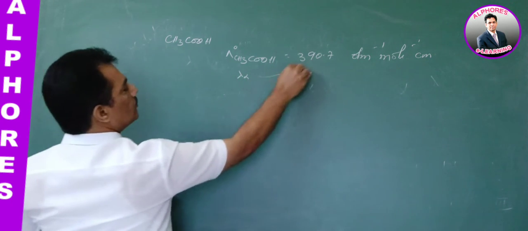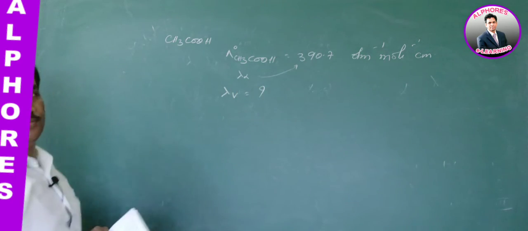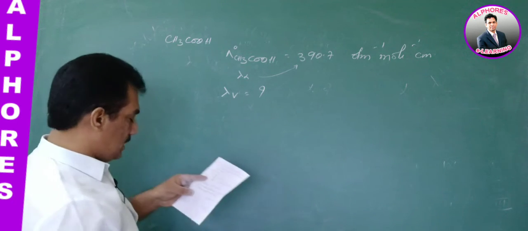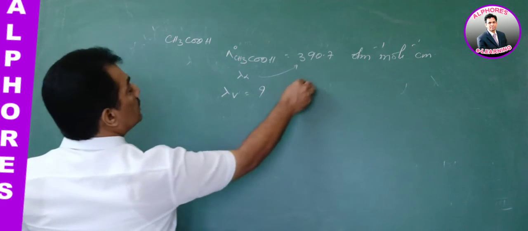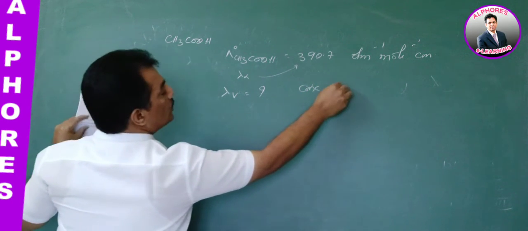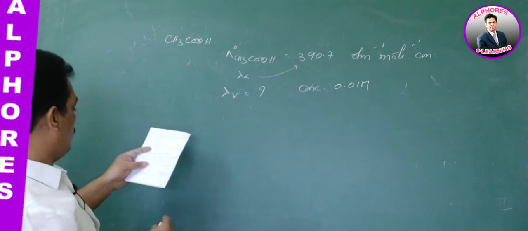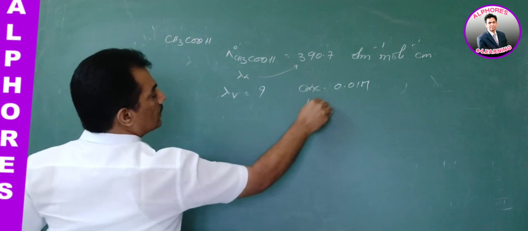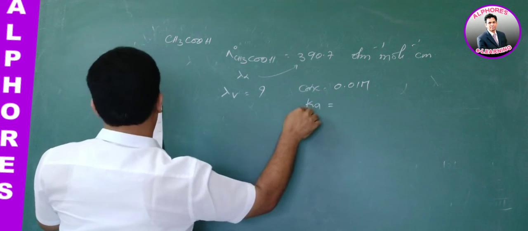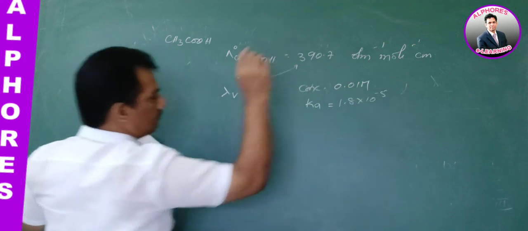They are giving the lambda infinite value, and now they are asking for lambda V, a reverse question. To measure this lambda V, they are providing some other data, that is the concentration, given as 0.01 molar, and for acetic acid the dissociation constant is given as 1.8 into 10 to the power of minus 5.